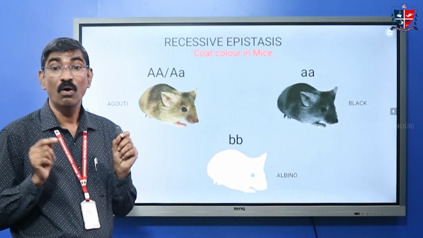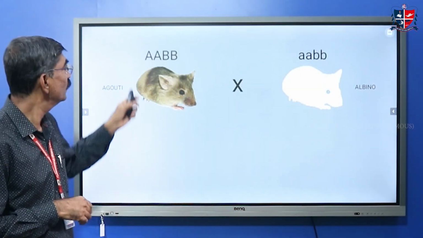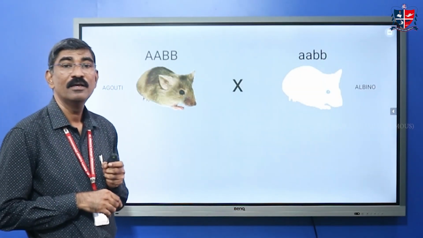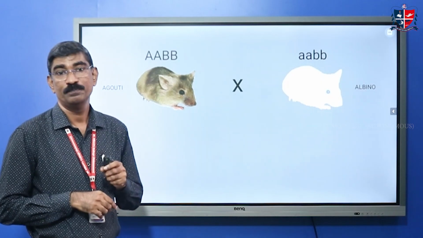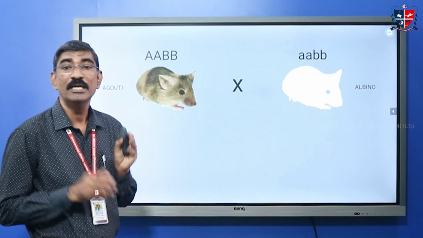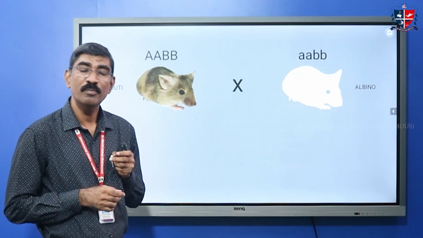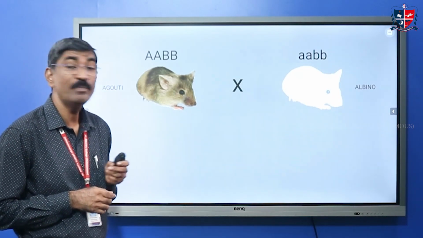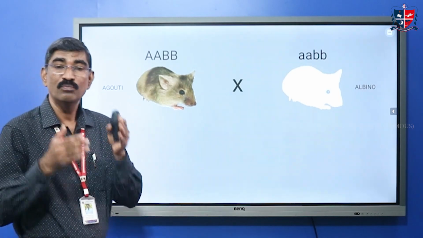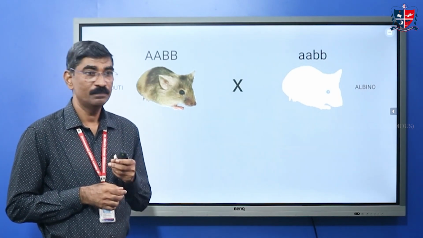white color or albino. Now let us consider a cross between an agouti and an albino. Here the agouti is double dominant, with both A and B in dominant condition, whereas the albino is small a, small a, small b, small b.